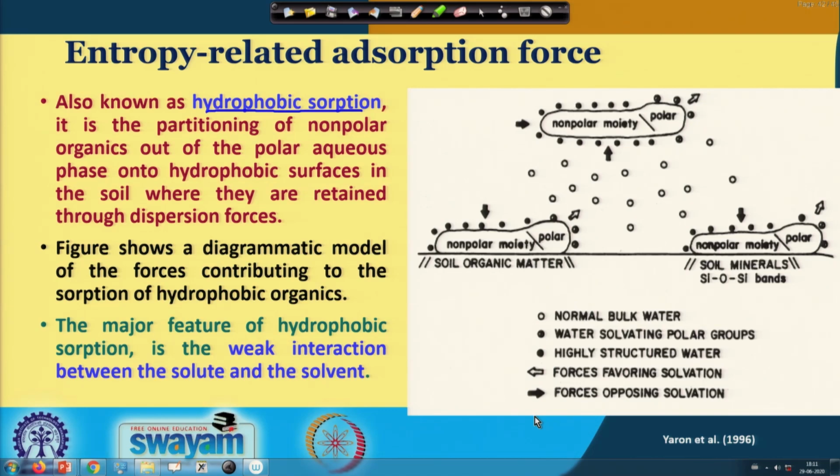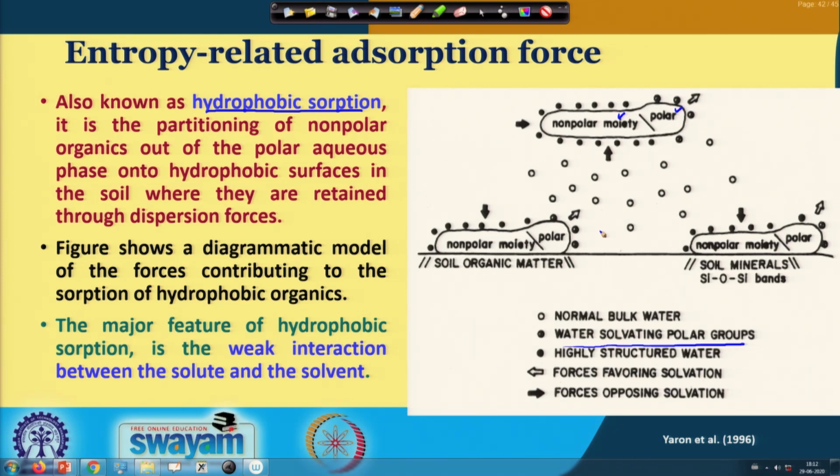So, here you can see, for example, this is an organic pollutant, a nonpolar organic pollutant, and this is the polar aqueous phase. These small black dots are basically water solvating polar groups, and these are also highly structured water.